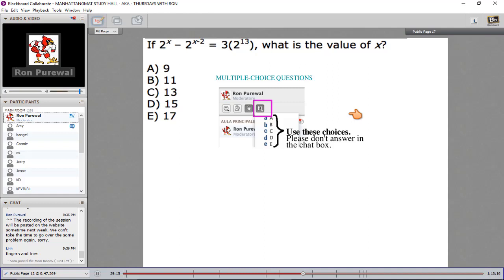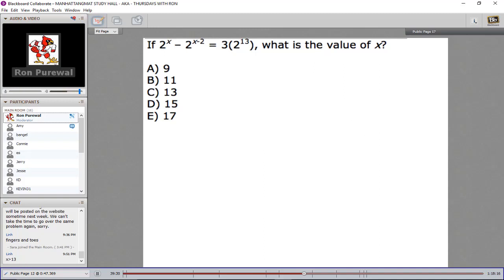Somebody tell me something about choices A, B, and C. Like even if you don't have any idea how the exponents work in this problem, someone tell me a story about those 3 choices. Yeah, they're too small. Think about these three choices. If you put in choice C, this is going to end up saying that 2 to the 13th minus 2 to the 11th equals 3 times 2 to the 13th.